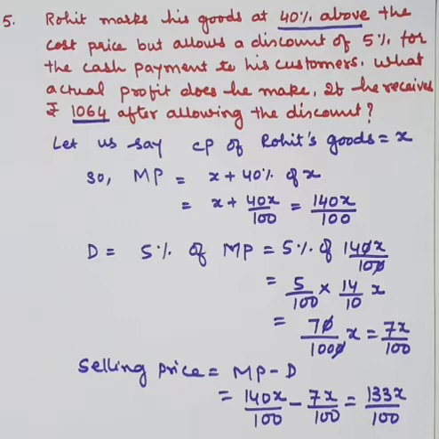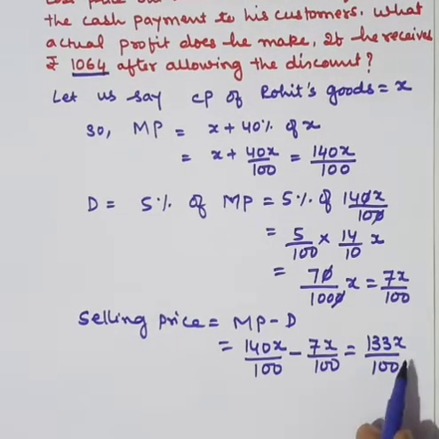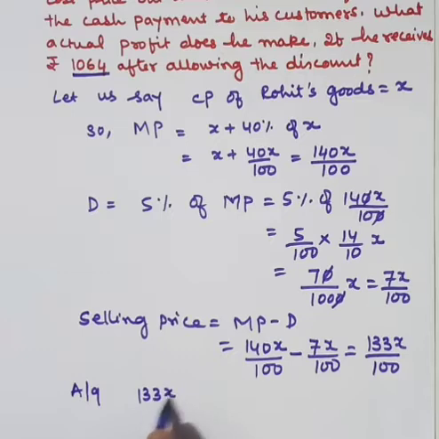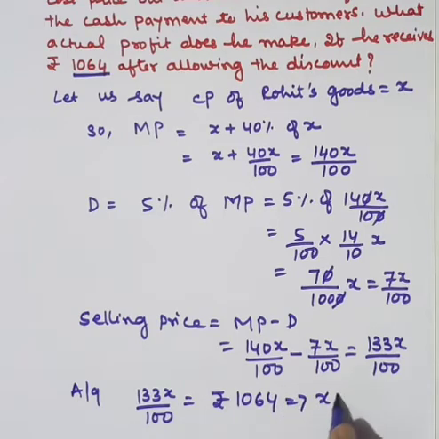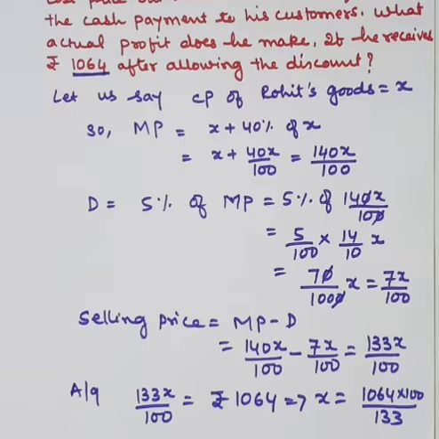So here we have got an equation. Selling price is 133x by 100. So here 1064 is also the selling price. So as per the question, 133x by 100 will be equal to rupees 1064. This says that x is equal to 1064 into 100 by 133. Now see here, if you cancel 133, see here 13 3s are 39.